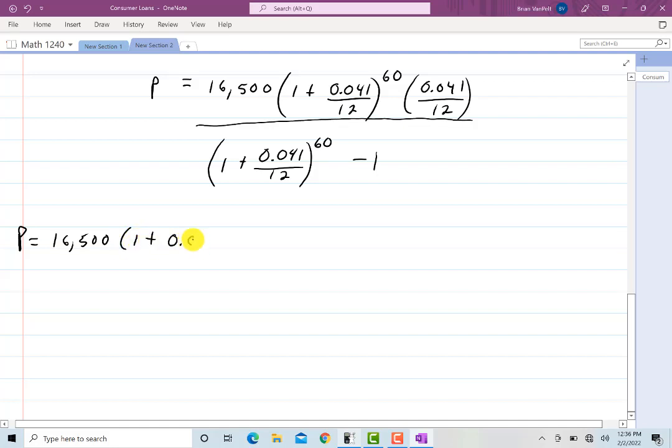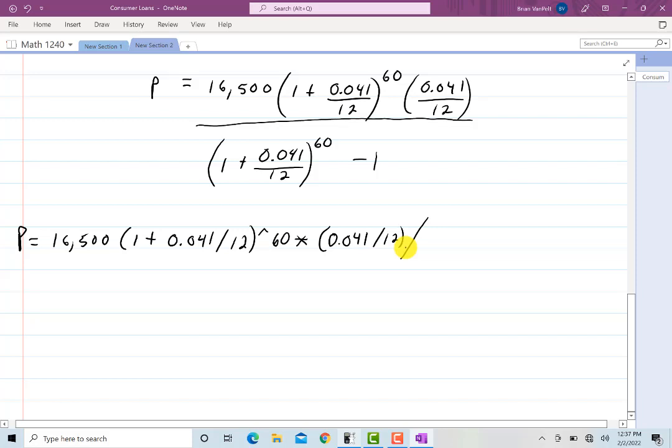I have 0.041 division slash 12. And then you may or may not have this little caret thing, 60. But after that, you'll need to put a times symbol. And I prefer you put it in parentheses, although I don't think it is required, 0.041 slash 12. All of that is the numerator. Now we do a slash for the denominator.